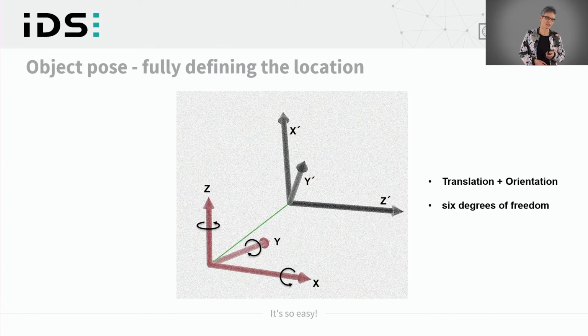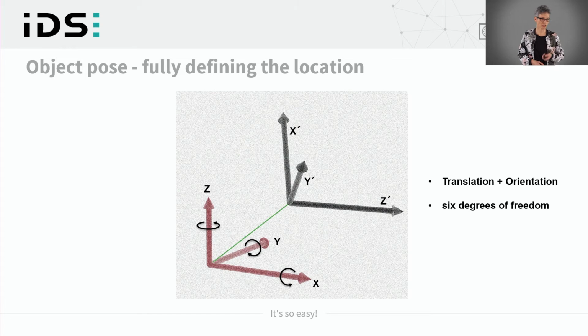The green line shows the translation, that the origin is moved from the red to the green point. So it's a translation vector to get the new origin of the new coordinate system. And as you see in the image, the new coordinate system is rotated somehow towards the reference coordinate system. This can be described by 3 consecutive rotations about the 3 coordinate axes.